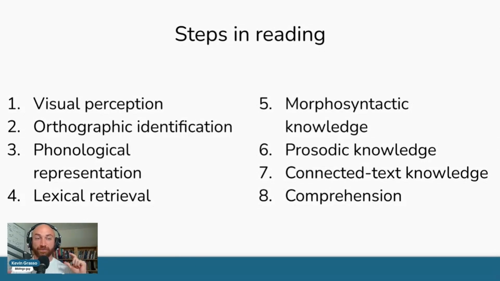And then we have a phonological representation. Once your eye senses what we'll call a grapheme, a symbol that represents a sound, then we have to know what that sound is. So if I look at the letter R, I have to know that that symbol represents a certain phonological representation for the speaker of that language. And then I have to have some sort of lexical retrieval.